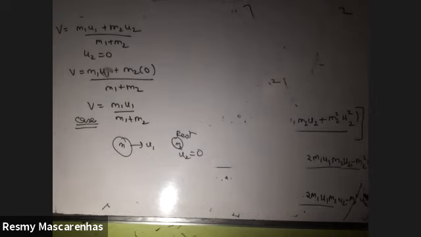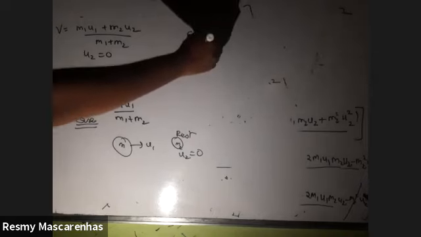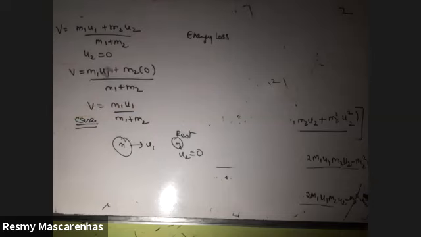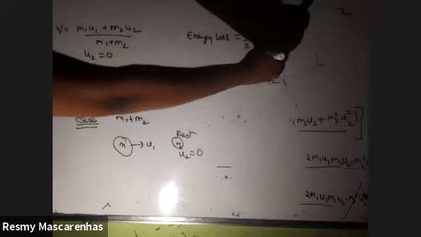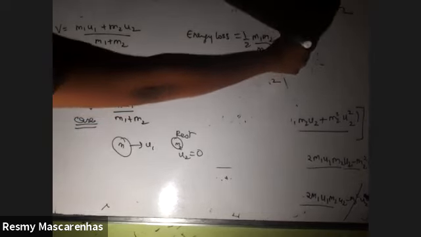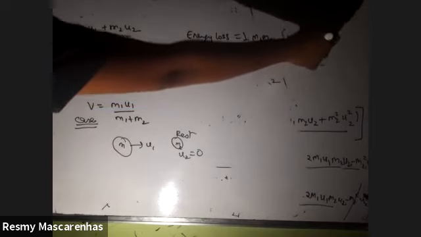Same way, for energy loss also you write the formula and wherever there is u2, put it as 0. This is for the velocity formula. Now for the energy loss formula, for the same case, what would be the energy loss? We just saw it is nothing but half m1 m2 upon m1 plus m2 into u1 minus u2 the whole square.